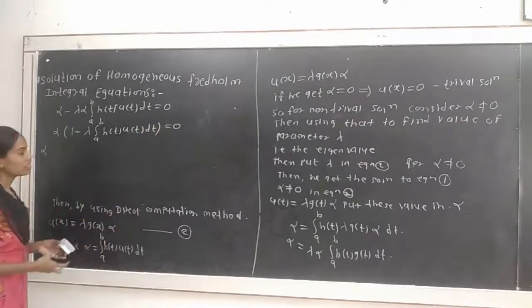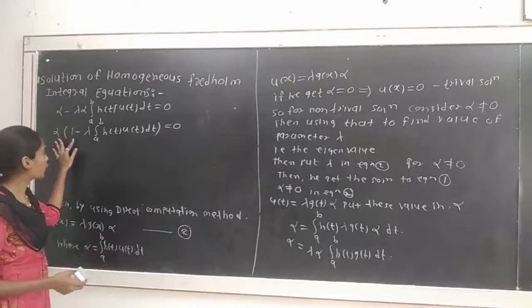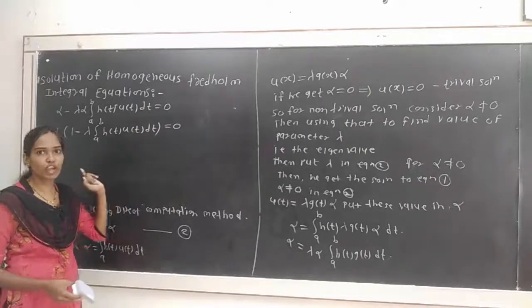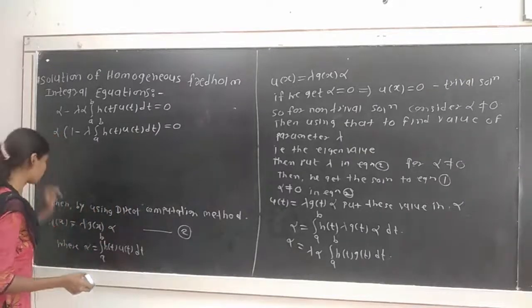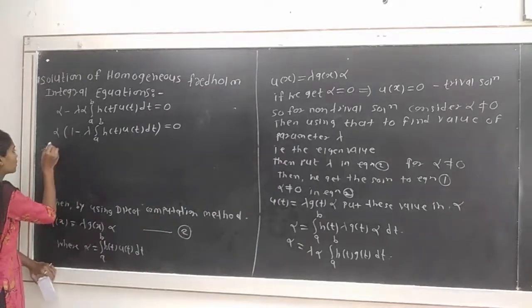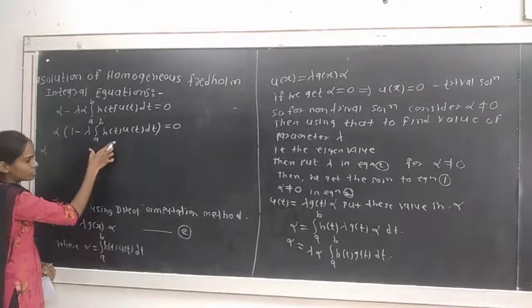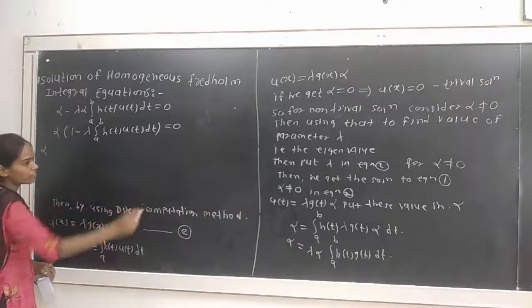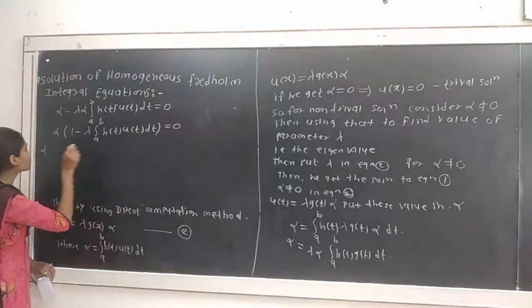Here we have the product of these two terms equal to 0, and we know that for a product of two terms to be 0, either one of them will be 0. So either alpha is equal to 0 or this bracket is equal to 0.